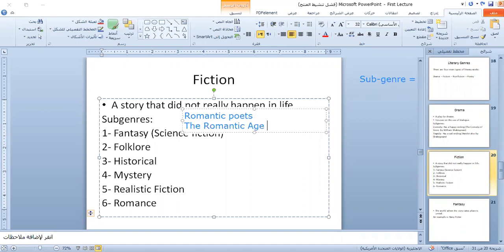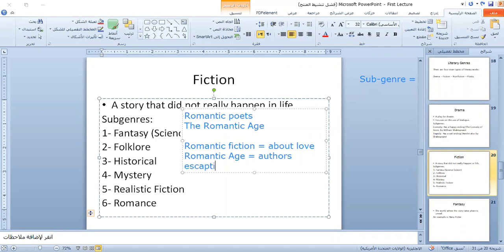Romantic fiction is about love, but the Romantic Age talks about authors and poets escaping life and heading towards nature.